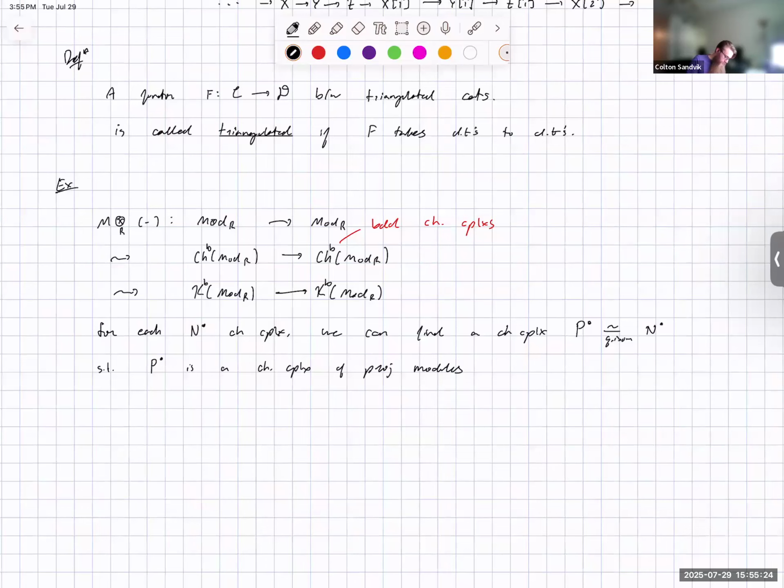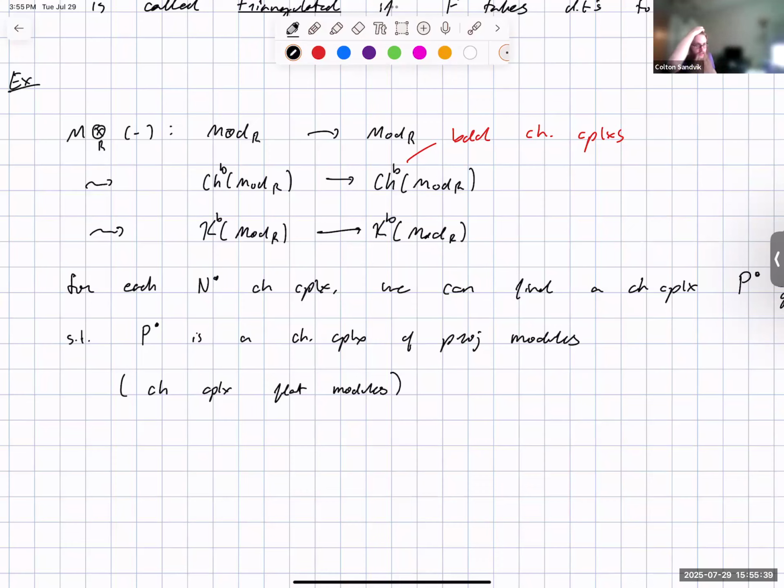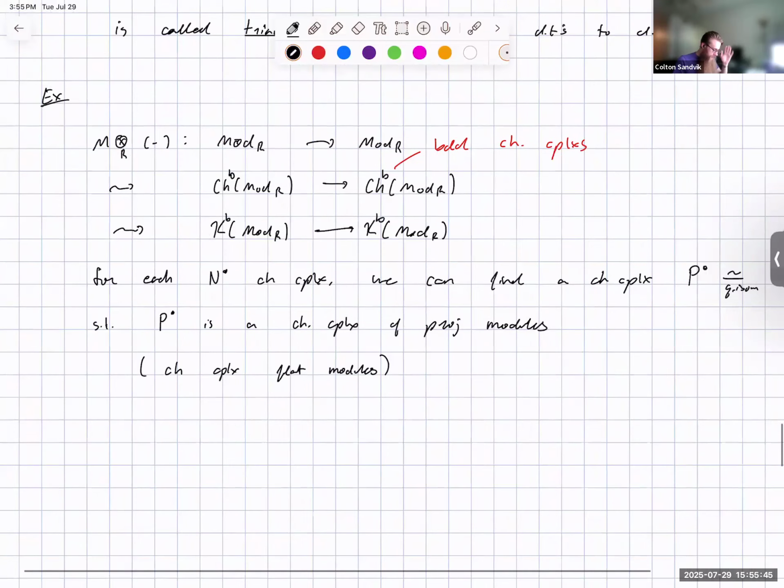I might need to make an assumption here, but anyway, this is fine. This might be too strong, so you could also replace this with a chain complex of flat modules. I think we have to assume the ring is perfect or something in order for this to actually be true on the nose, but anyway.